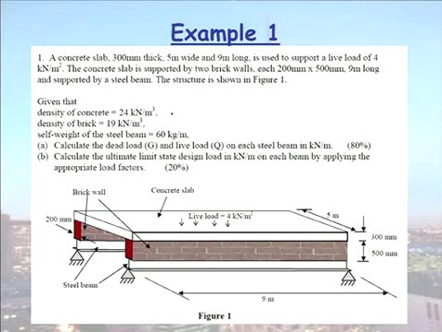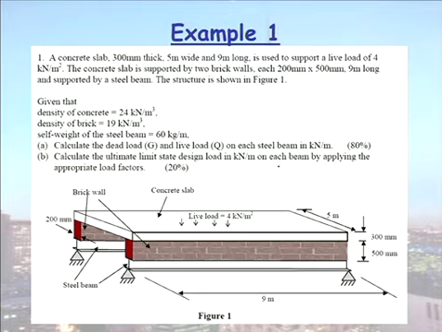Given the density of concrete, 24, the density of brickwork, 19, and the weight of the steel beam, so they've told us how much the beam weighs, calculate the dead load and the live load on each steel beam in kilonewtons per metre. Then calculate the ultimate limit state design load.